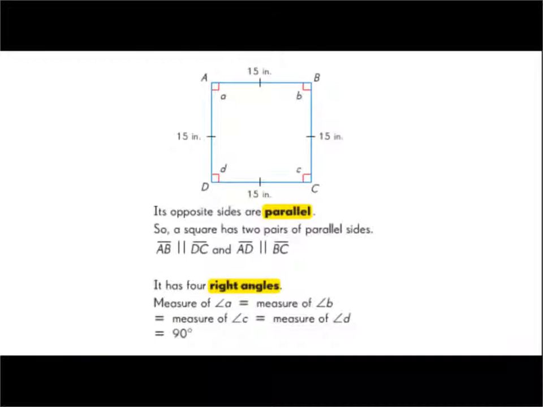And the next property is that the opposite sides are parallel. Side AD is parallel to side BC. Side AB is parallel to DC. And we could show that they are parallel by putting these types of arrows, the same here and here.